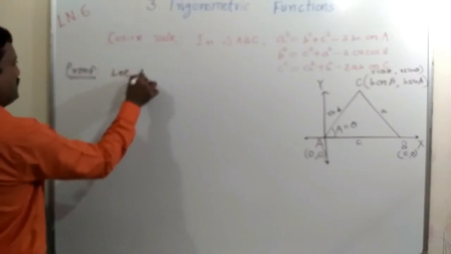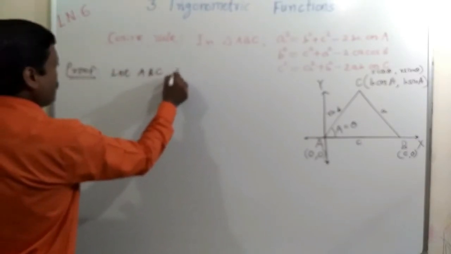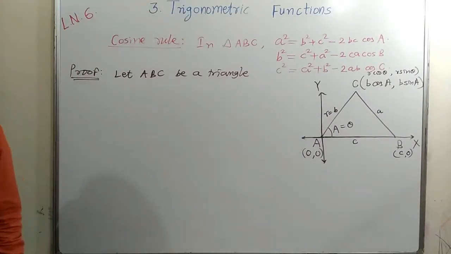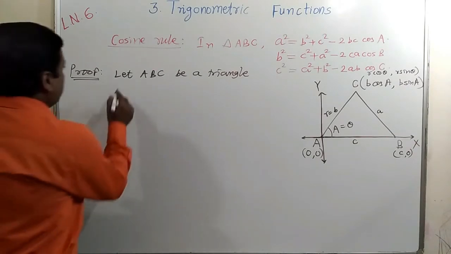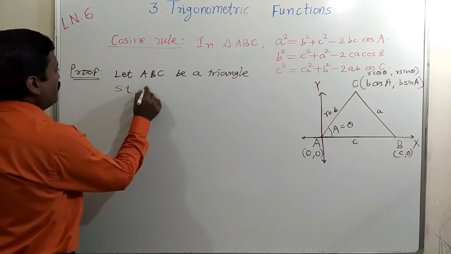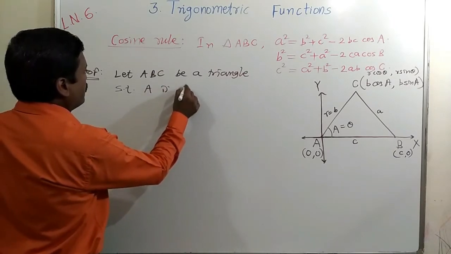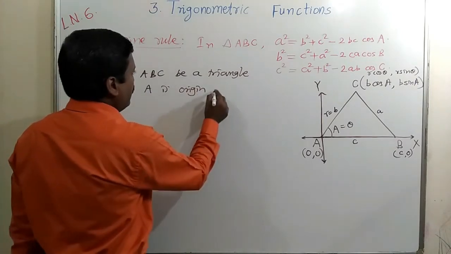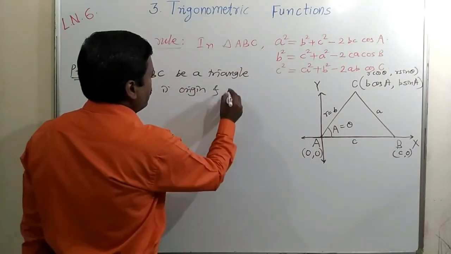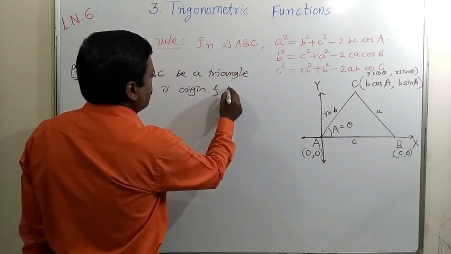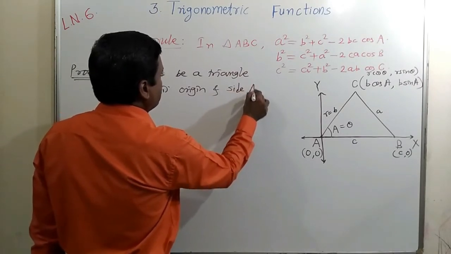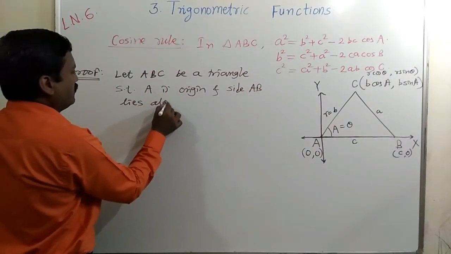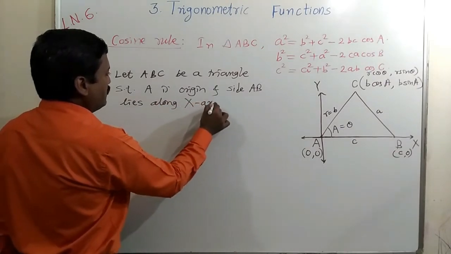Let ABC be a triangle such that A is the origin and side AB lies along the x-axis.